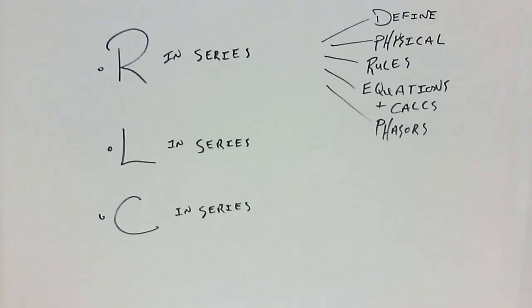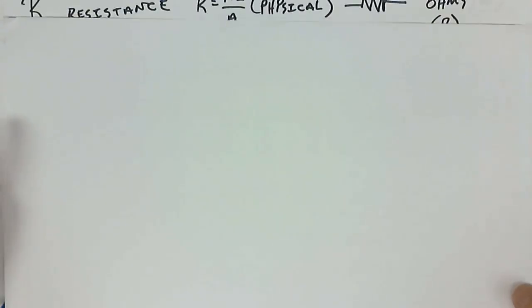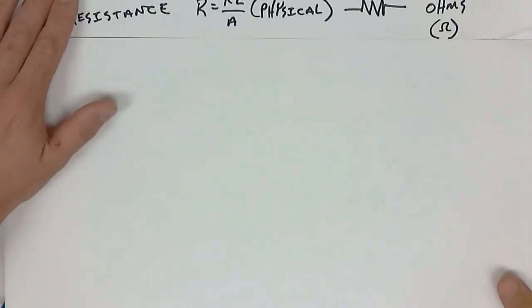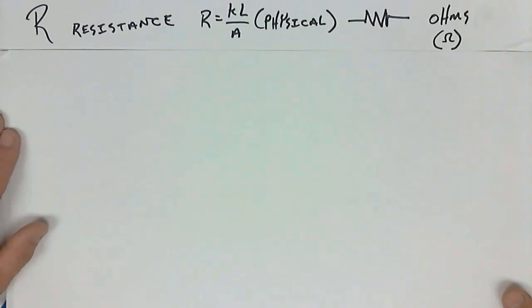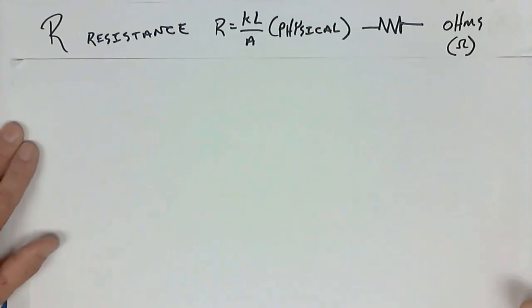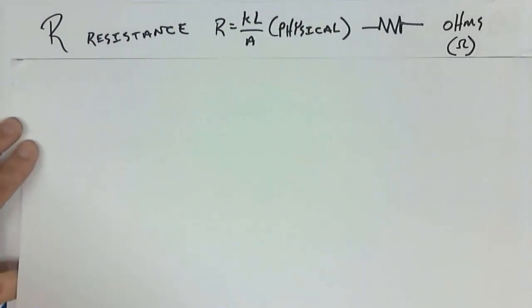How are we representing these on a phasor diagram? So let's get started. First one we're going to start with here is resistance. And resistance, we know, has a calculation that we can easily do to determine the total amount of resistance that an object possesses.